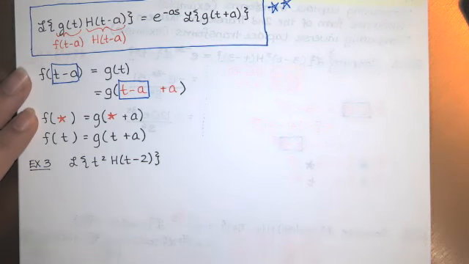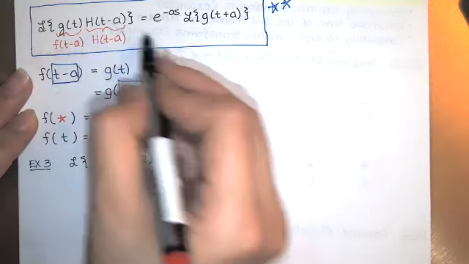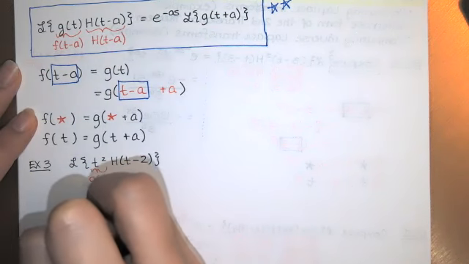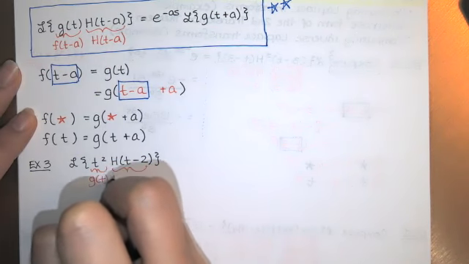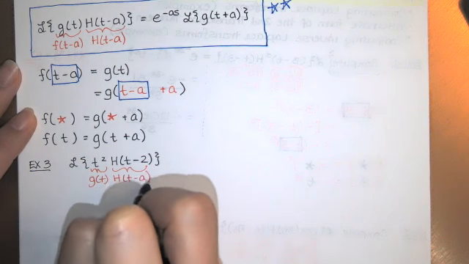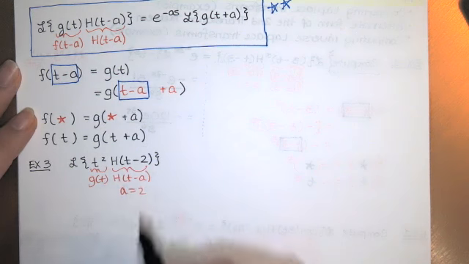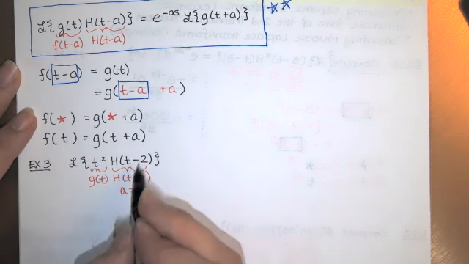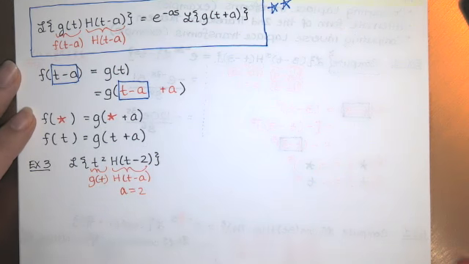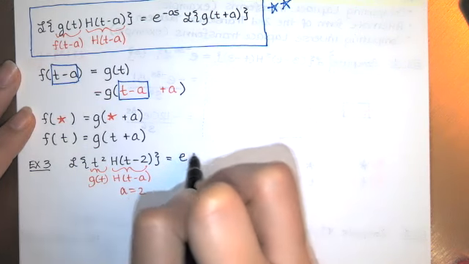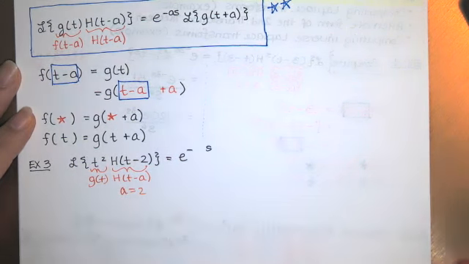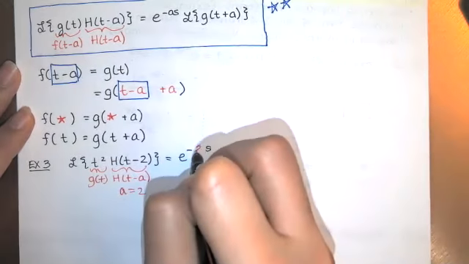Well, if I'm matching patterns with this alternate version of the second translation theorem, a is clearly 2, because if this is h of t minus 2 and h of t minus a, a must be 2. So we'll have e to the negative 2s.